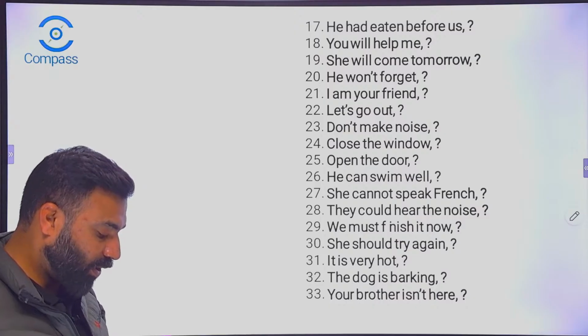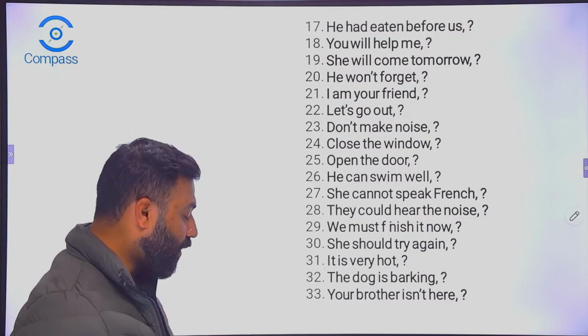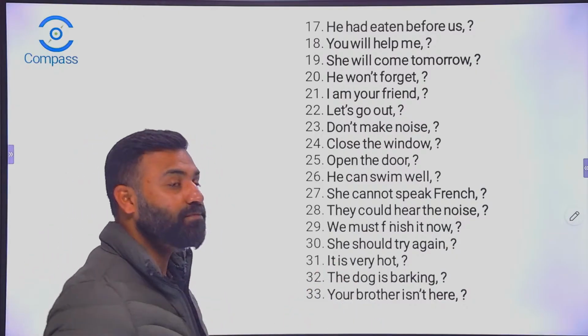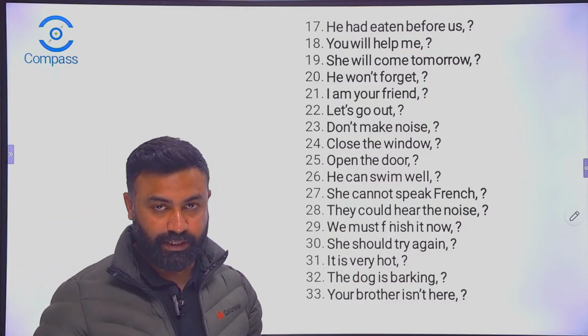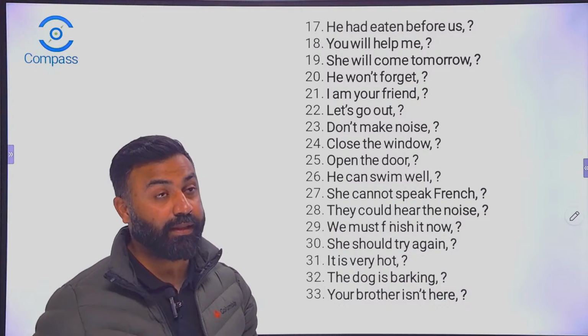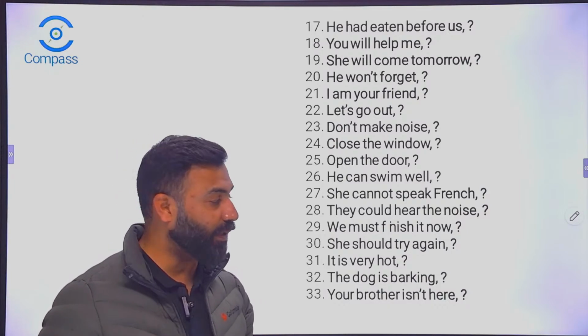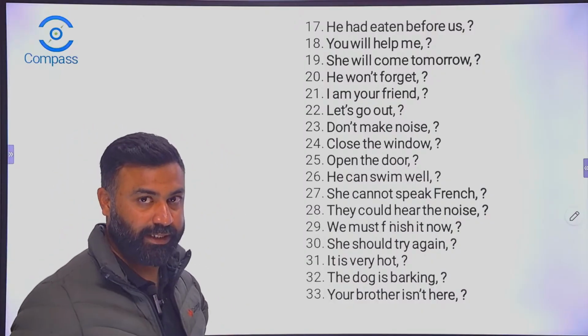So no answer so far. Okay, now I would like to give the right answer here. So we must finish it now, mustn't we? So how do you write down M-U-S-T, then N, and then apostrophe, and then T? Mustn't we? All right. She should try again, shouldn't she?